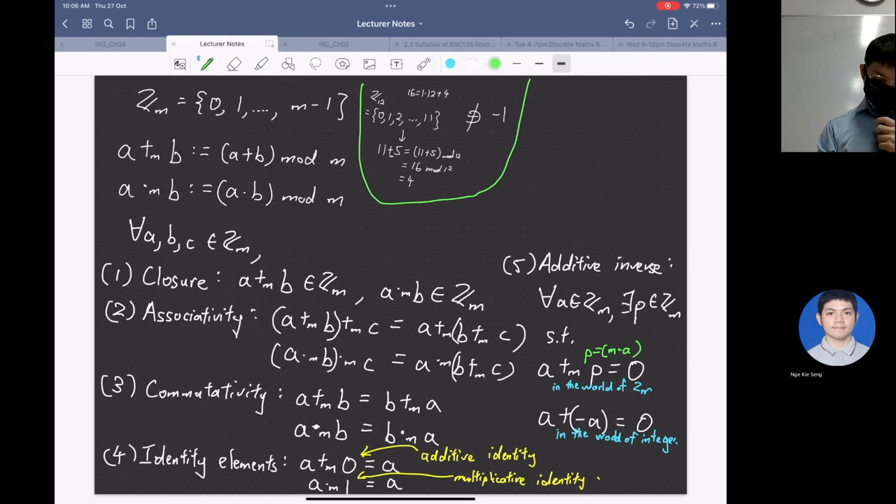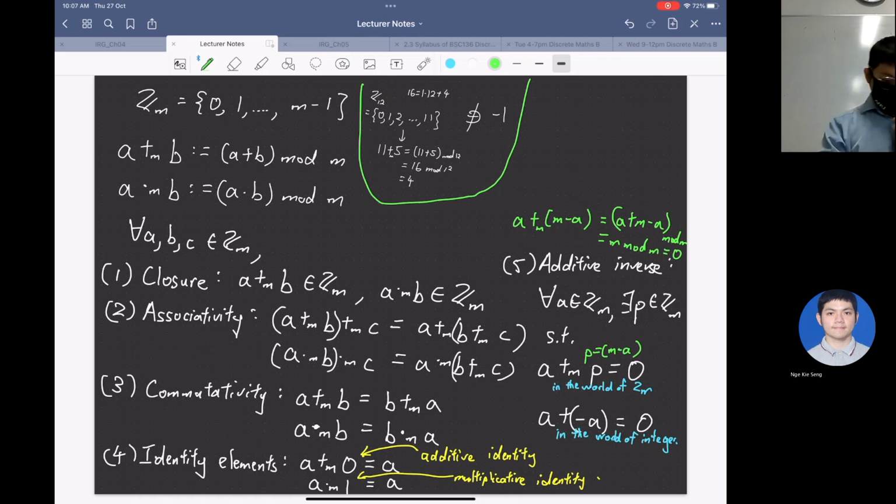Okay, so from the equation view, if you take m minus a, right? What you do is you just add two numbers together and then you take mod m. So it's actually m mod m. So m is divided by m, the remainder is zero, so it's zero. Okay. So why is it valid?